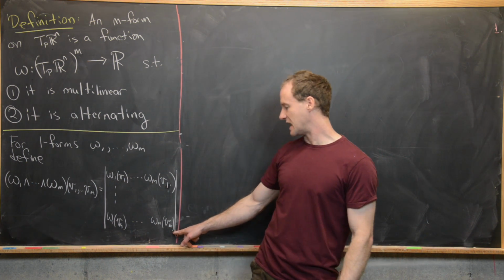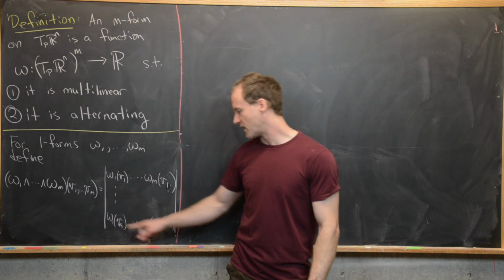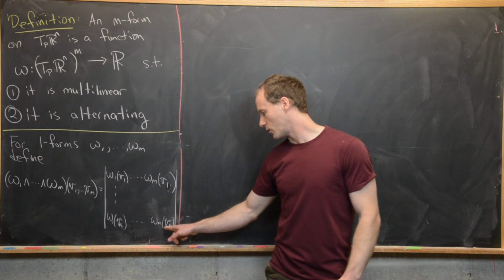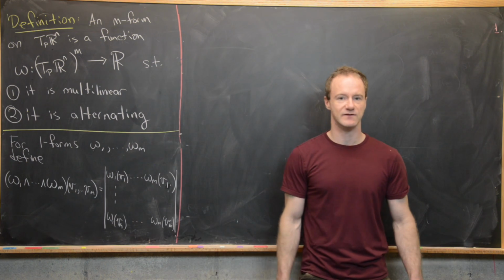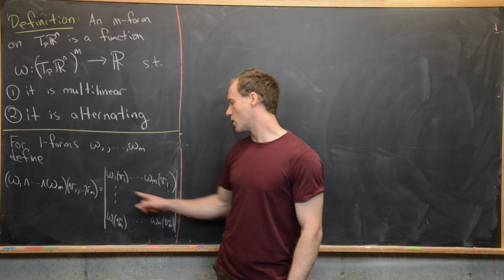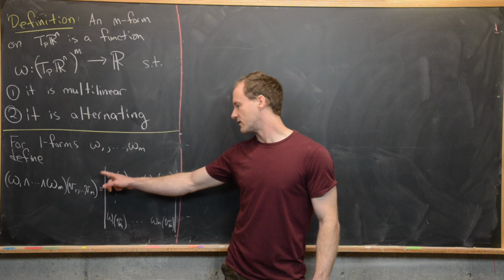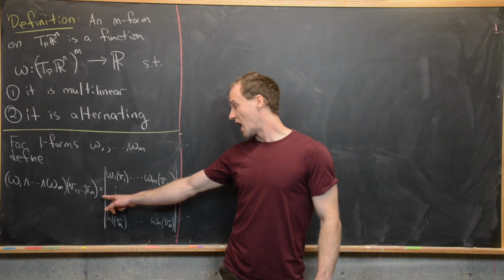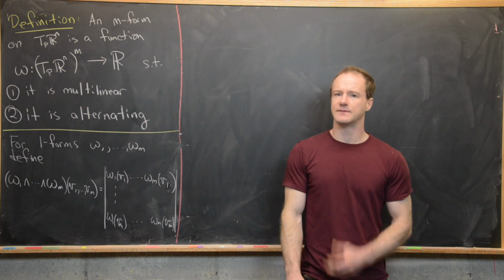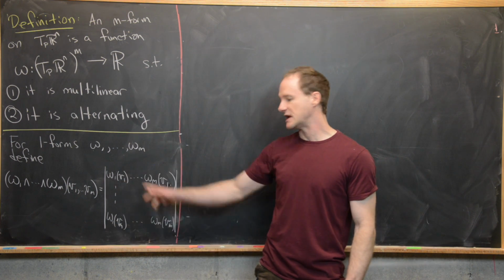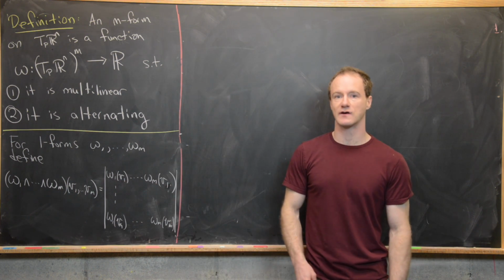And down here in the mth row, we have omega 1 evaluated at vm, all the way down to omega m evaluated at vm. So in the ith row and the jth column, we'll have omega j evaluated at vi. I'll let you think about that, but that's pretty easy to see from this structure right here.